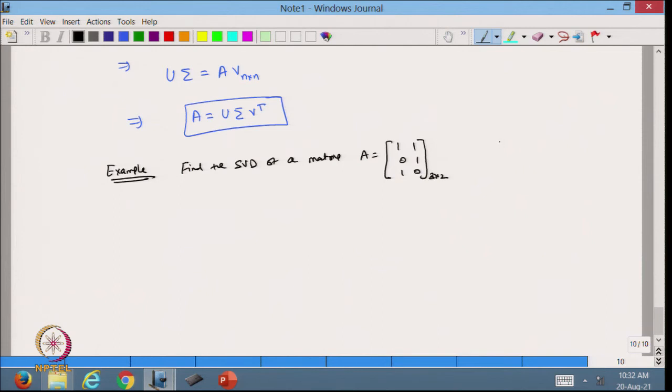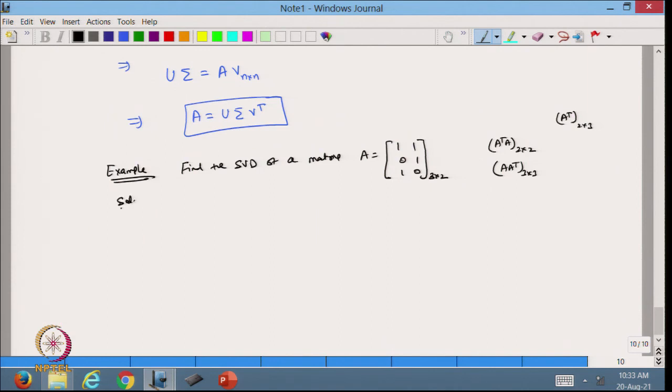In this case, A transpose A will be 2 cross 2, and A A transpose will be 3 cross 3, because A transpose is 2 cross 3. Now, we will go with the first step.